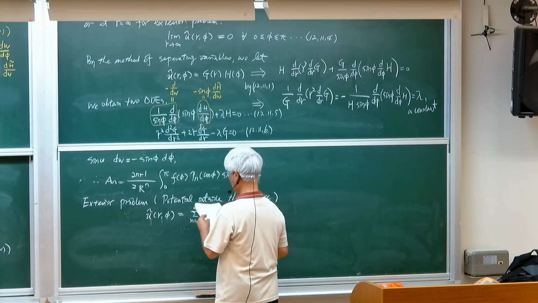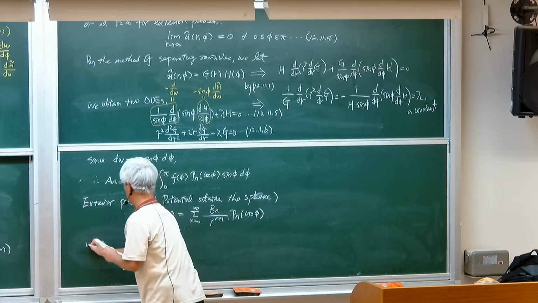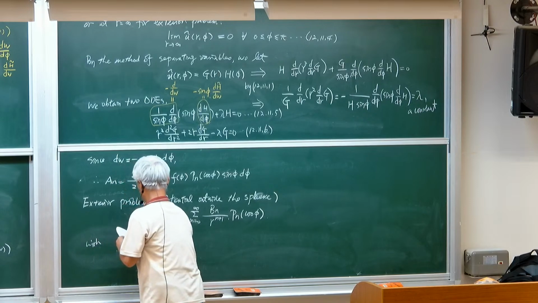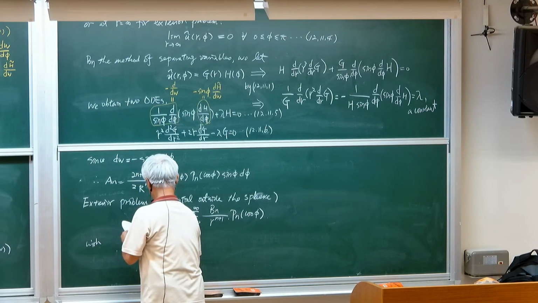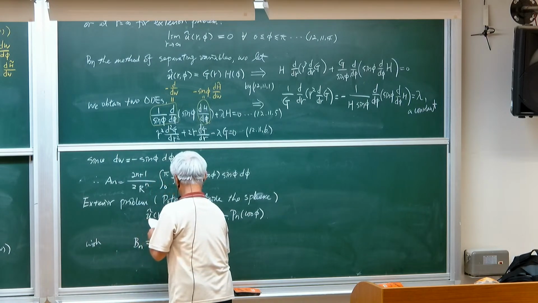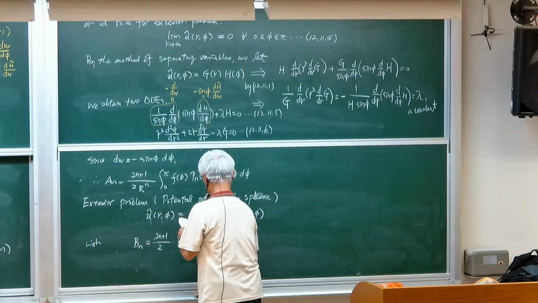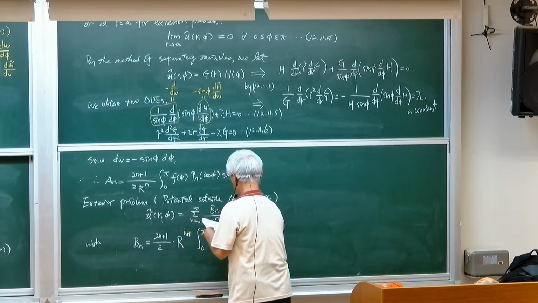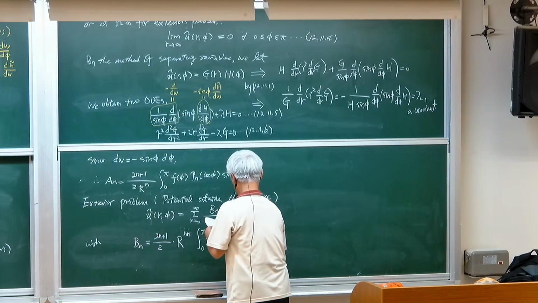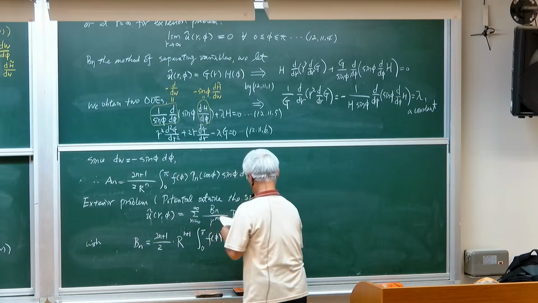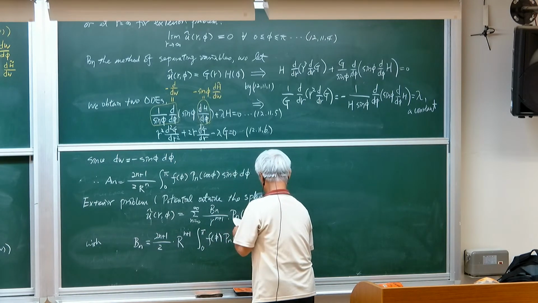Okay, and so with Bn equal to 2n plus 1 over 2, times R to the n plus 1, integral from 0 to pi of f of phi Pn cosine phi sine phi and d phi.